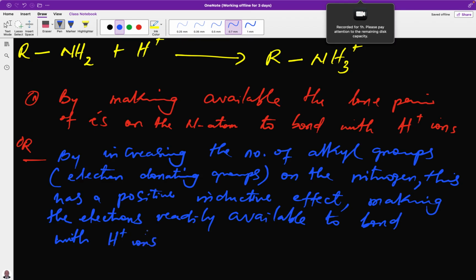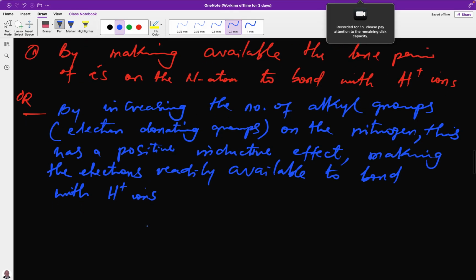In that case, primary amines are less basic than secondary amines, and secondary amines are less basic than tertiary amines. So which one is the strongest?